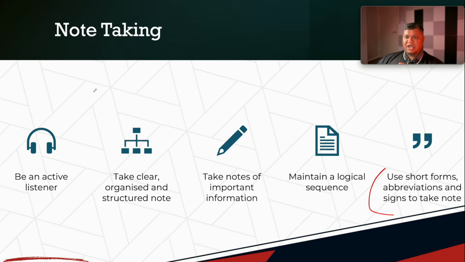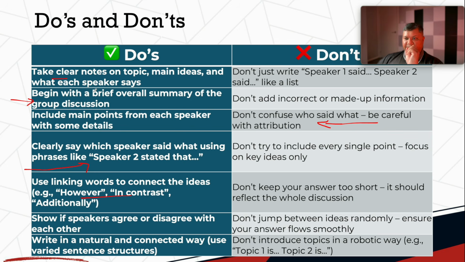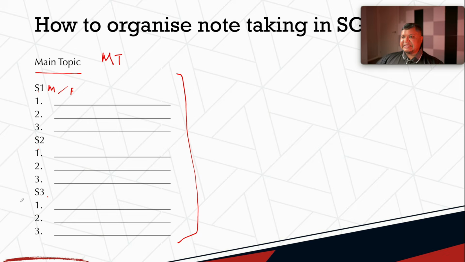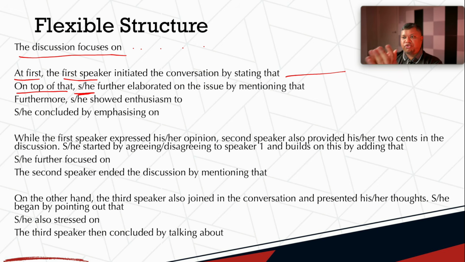If I go back to this particular slide, as you can see what Pearson wants you to do, it says show whether the speaker is agreeing or disagreeing. It is giving me the opportunity to address that particular fact, right? She or he started by agreeing or disagreeing to speaker 1 and builds on this by adding that. Then I'm going to talk about how he or she agreed or disagreed.